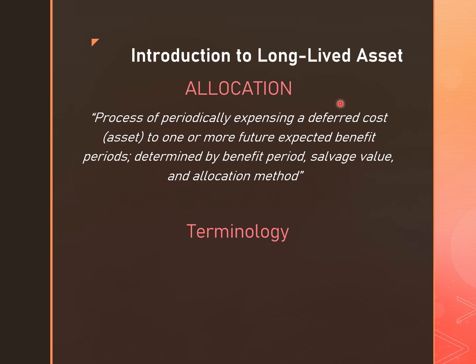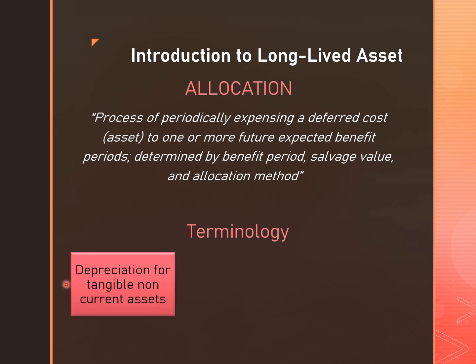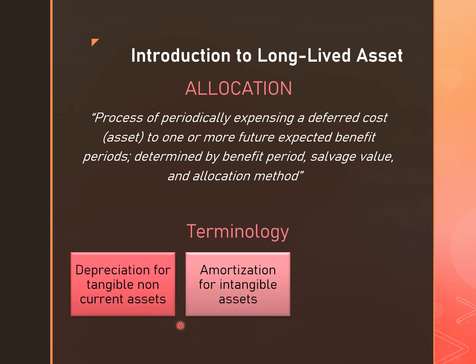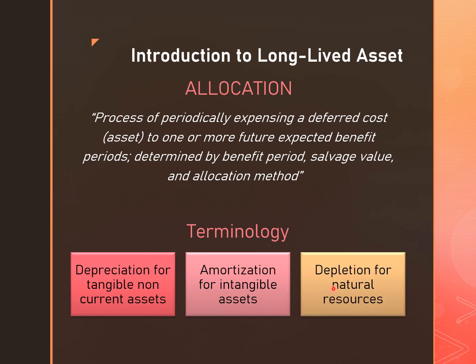Cost untuk year 1 adalah sebanyak depreciation untuk year 1 lah. Cost untuk year 2 adalah sebanyak depreciation year 2. So the terminology used are depreciation kalau the tangible non-current asset, dan amortization untuk intangible asset, dan depletion untuk natural resources. So sebenarnya tiga-tiga ni related dengan depreciation, cuma dia tak panggil depreciation untuk semuanya.